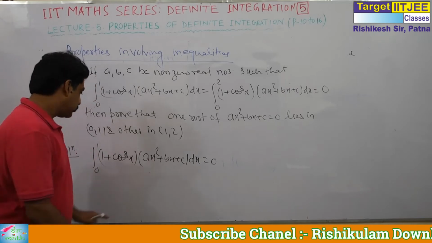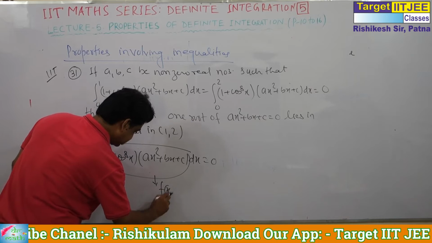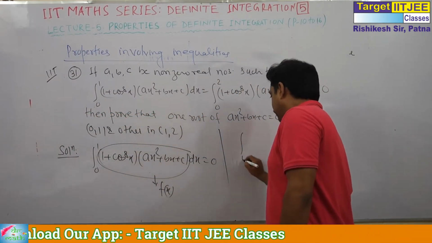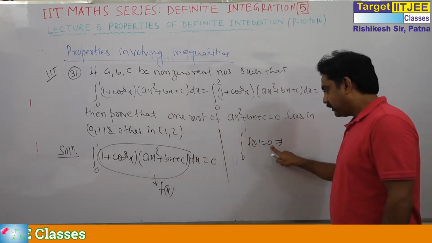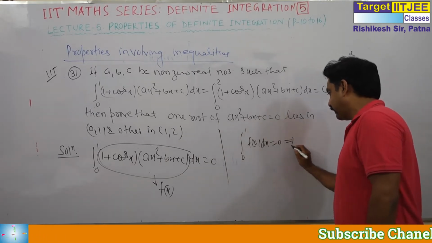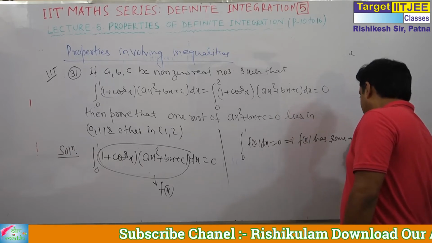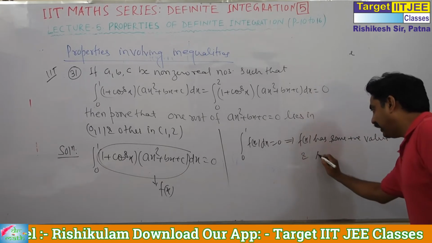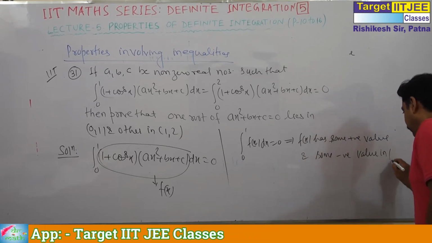Since this is 0, take it as f(x). The integral of f(x) dx from 0 to 1 is 0, which implies f(x) has some positive value and some negative value in (0, 1).